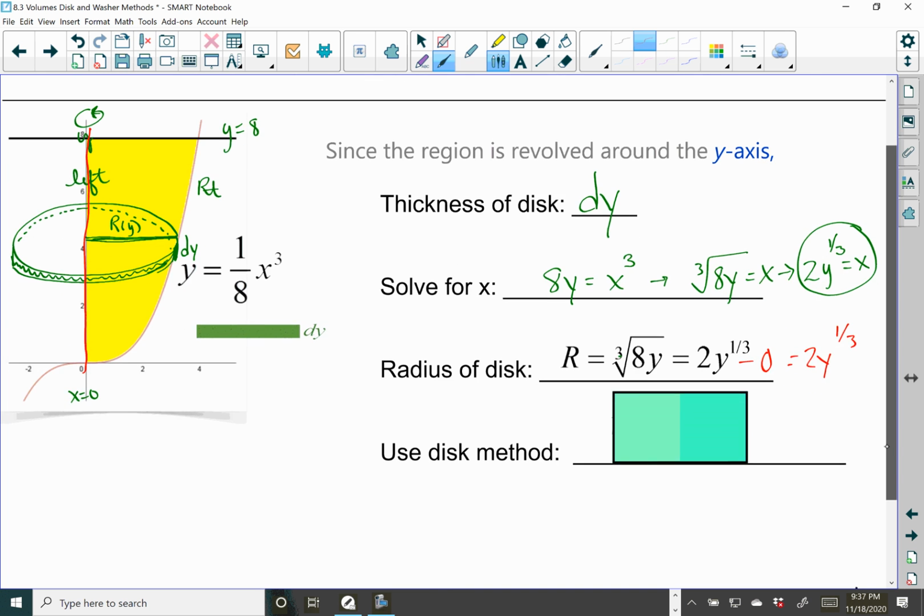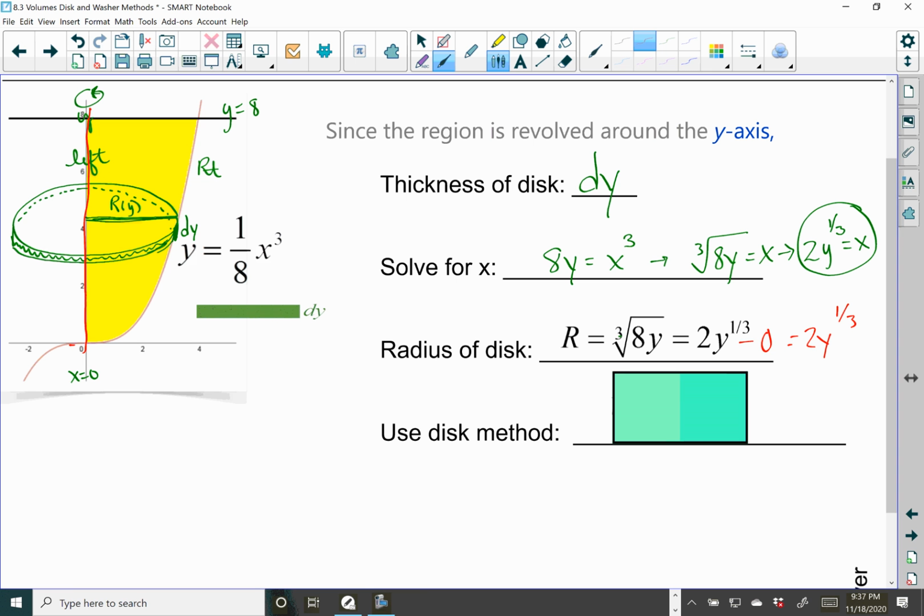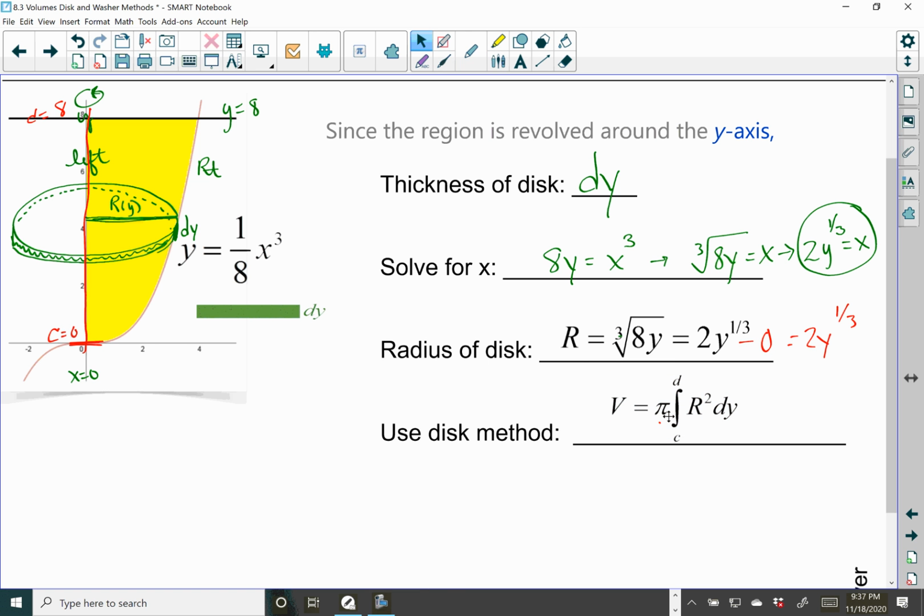Using the disk method, I need to know my c equals 0, and my d, my top value, is 8, because my bounds also have to be in terms of y, don't they? Let's see what's underneath here. Revealing this, here's our formula we're going to follow. So I'm going to get volume equals pi, the integral from 0 to 8, because those have to be y's.